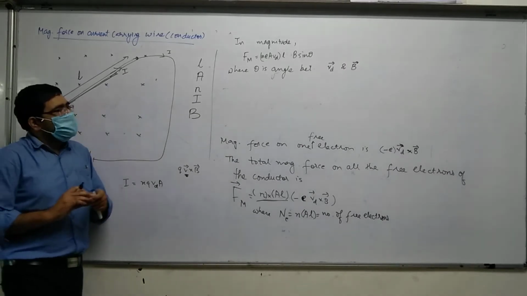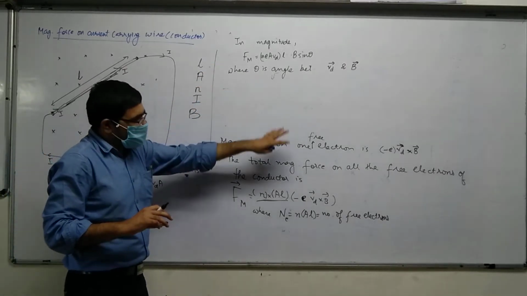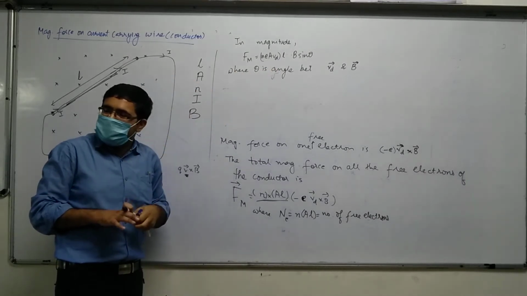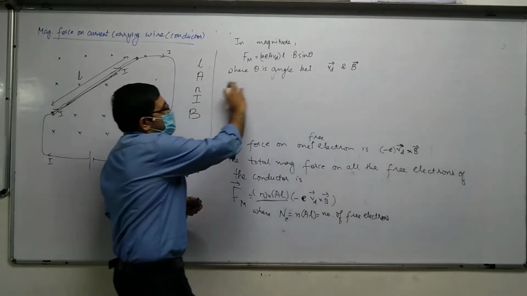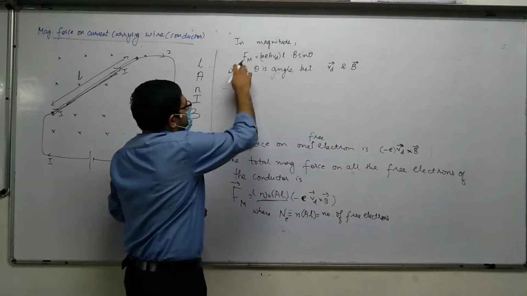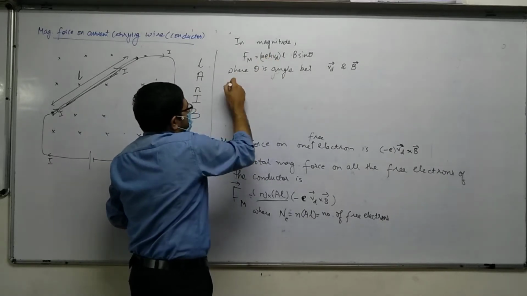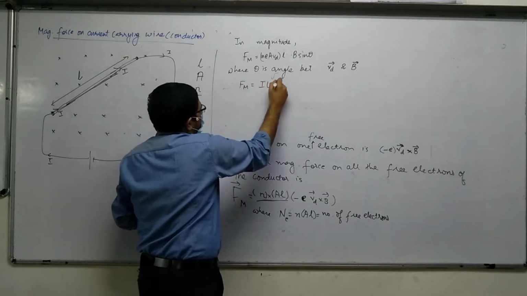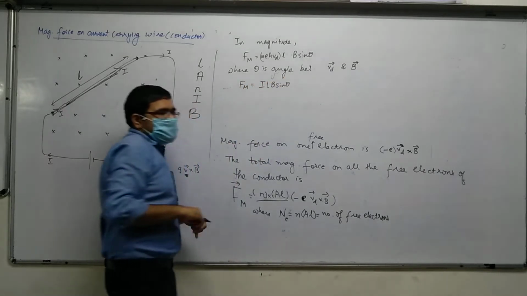So if they give this, no problem. So this is what we need. Now this is the force. Now this bracket is nothing but I. So they also use F_m equal to I L B sin theta.